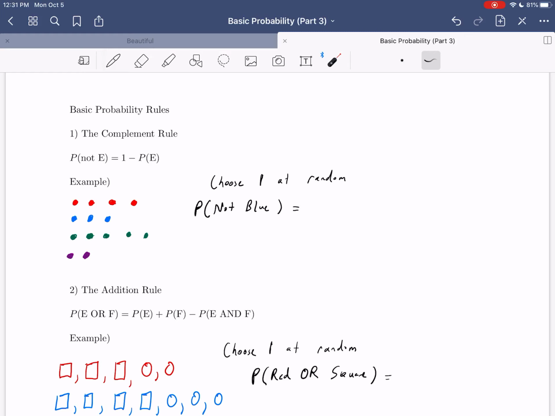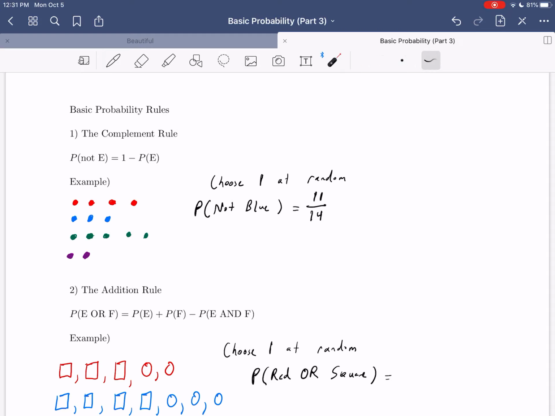There are 4 reds, 1, 2, 3, 4, 5 greens, that's 9, and then 2 purples, that's 11. And out of the total there's 4, 7, 12, 14. So we could get this directly as 11 out of 14.